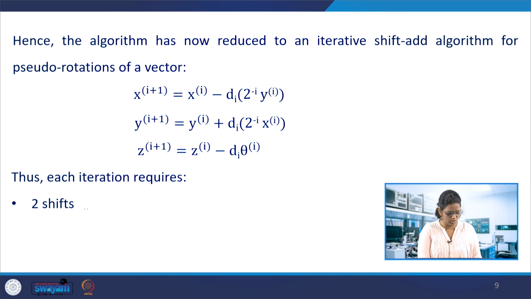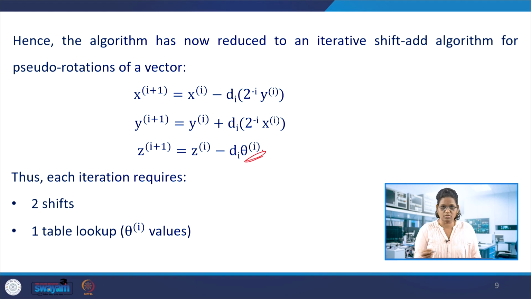So it moves in that direction. This clearly indicates that two shifts are involved in this computation. Also, if you store the theta values, you can have one lookup table which has the theta values, and there are three additions that need to be done. So this is how it is simplified.